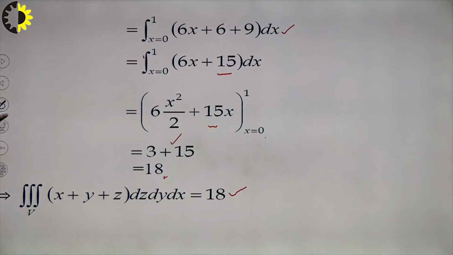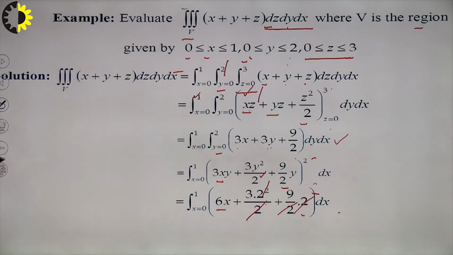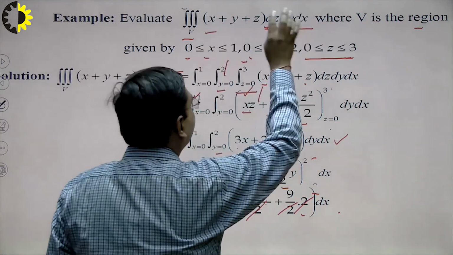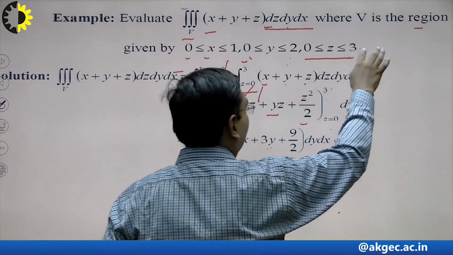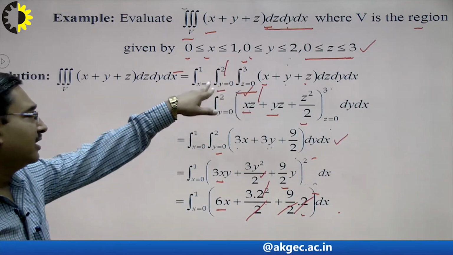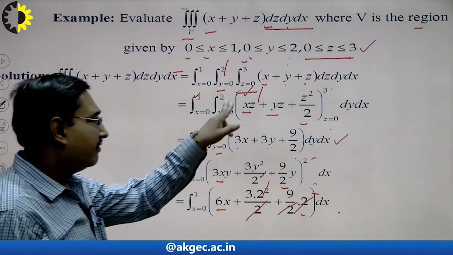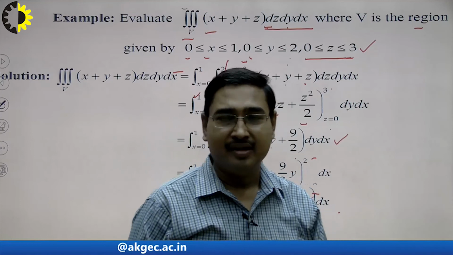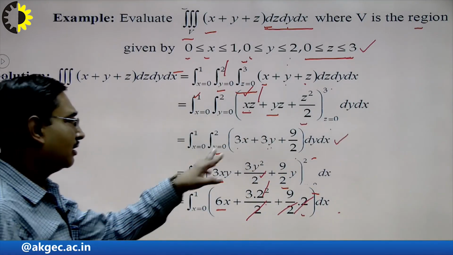Let me sum up what happened once again. This triple integral was to be evaluated. The limits were directly given. We placed limits of z inside, limits of y after that, and limits of x outside. When integrating with respect to z, remaining variables x and y will be treated as constant.